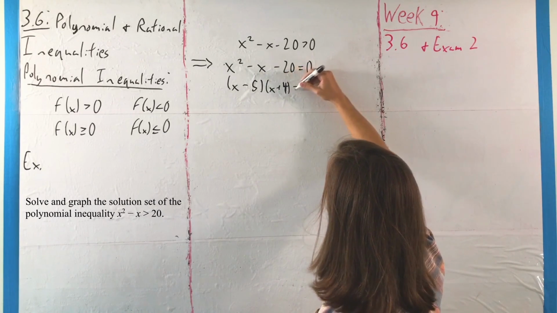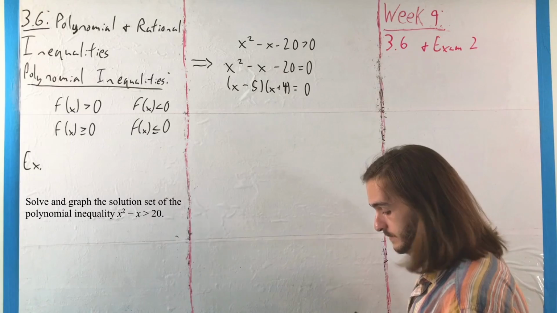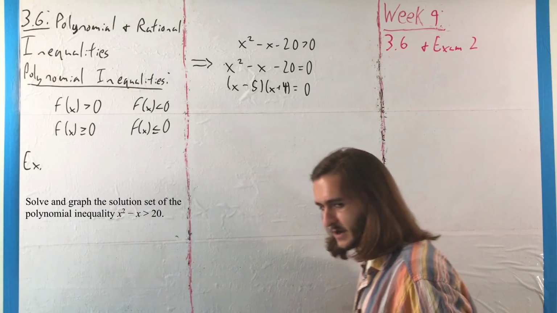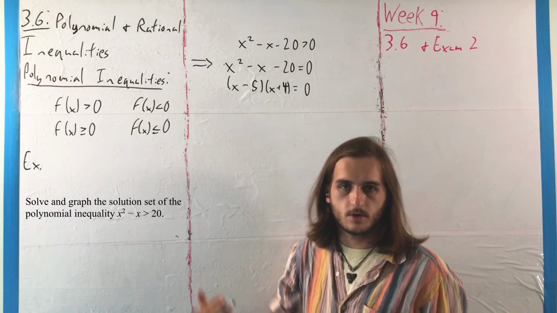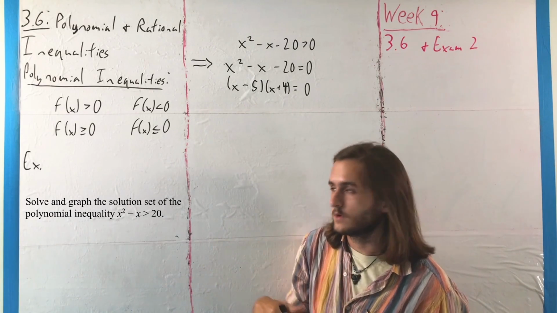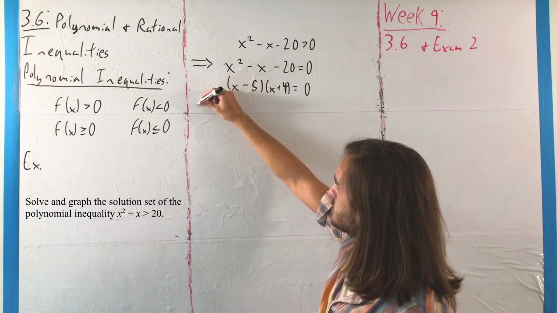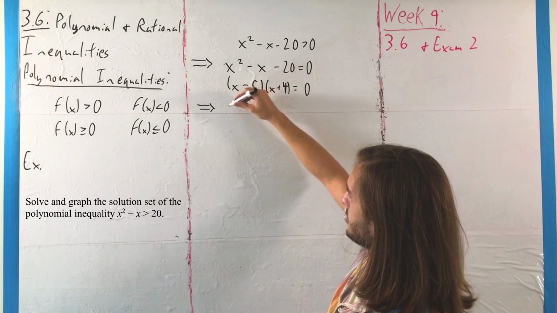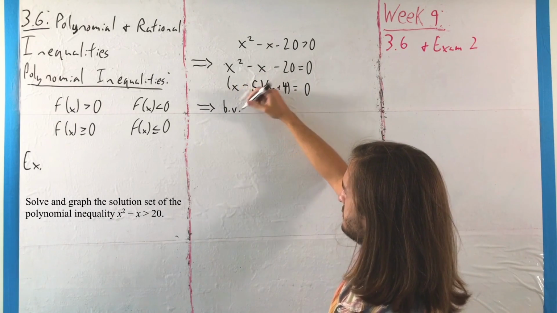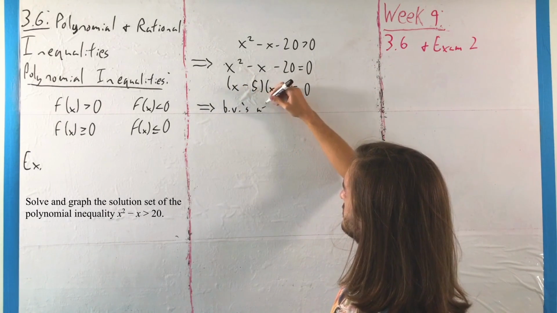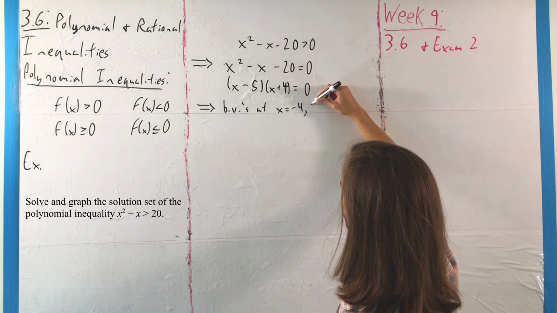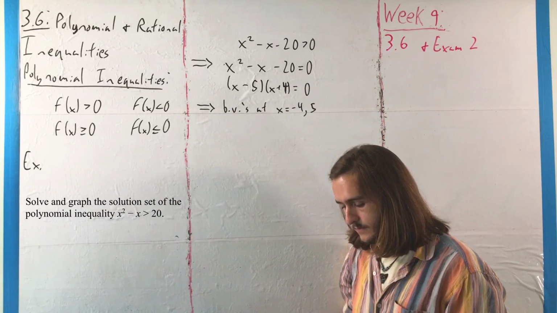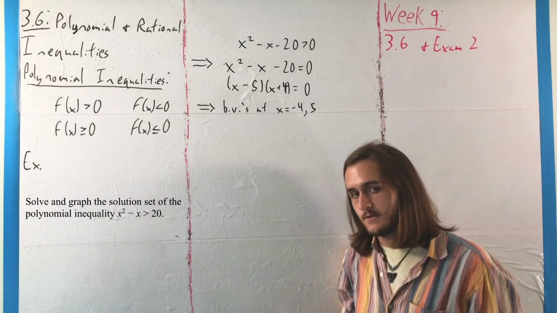And then from there, again, we're going to use the zero product principle. It comes up all the time. That's why we reset like this, not just because it's more familiar, but because it gives us the all-important zero product principle, which tells us that our boundary values, I'm going to abbreviate those BVs, are at x equals negative 4 and 5, because those are the places where we can have the potential change.